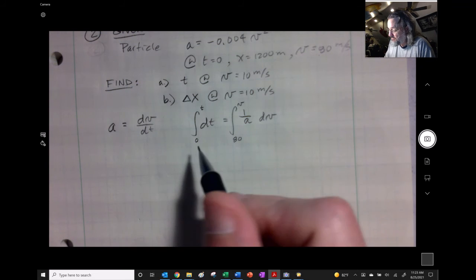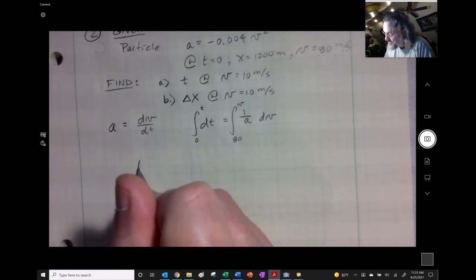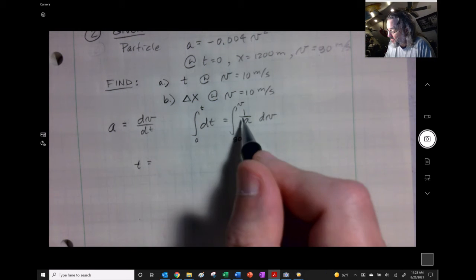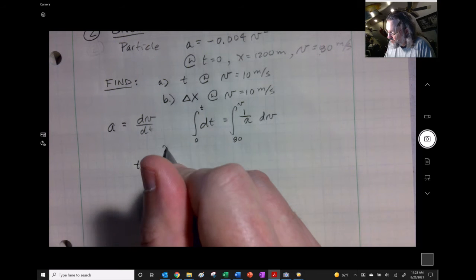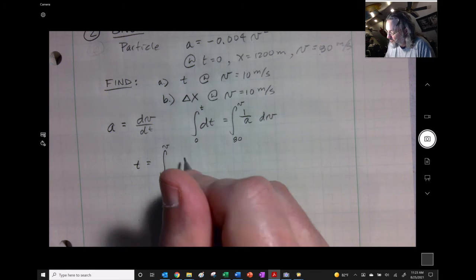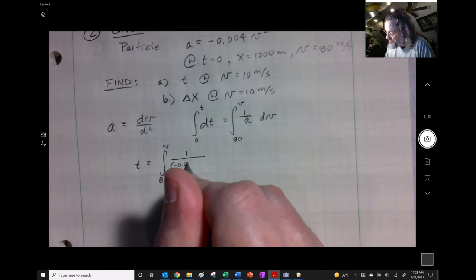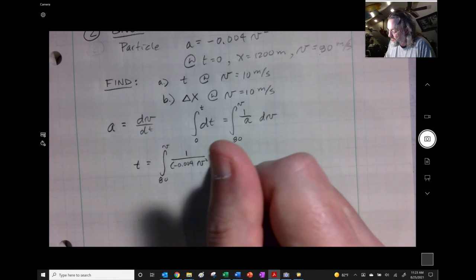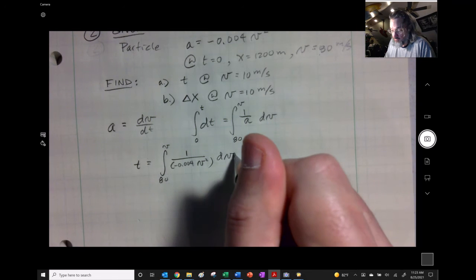So this over here, I'm going to move it over to the side. We know that's going to be t. And here we're going to have a little bit more of a mess going from 80 to v, because now we have 1 over our function, negative 0.004 v squared, dv. Did I do that right?